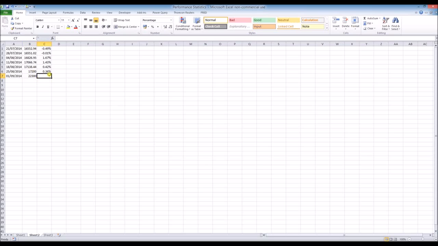So to record the actual returns, what we do is basically use the same sort of returns formula.